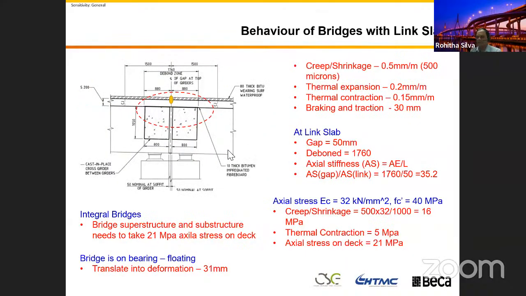Then I gave you the typical link slab detail and explained it to you. One is the standard one we use in Australia, but the other one I used has a different substructure type. I explained that without a big gap here, without having the girder supporting the link slab, with the debonding, you can have a link slab across the structure.